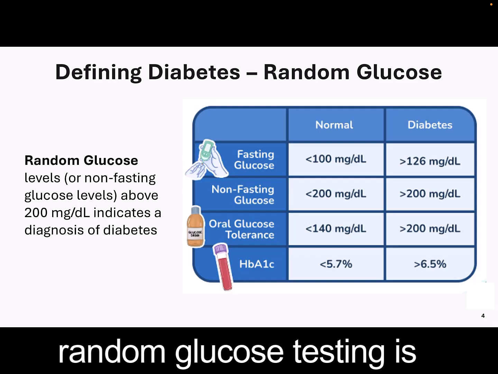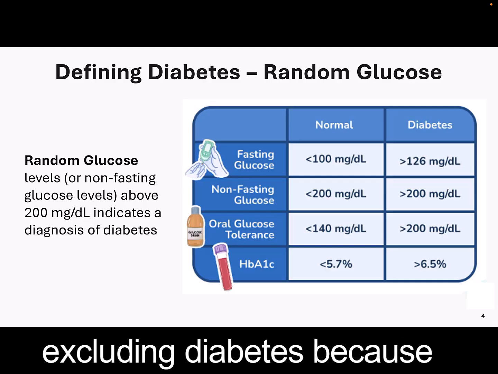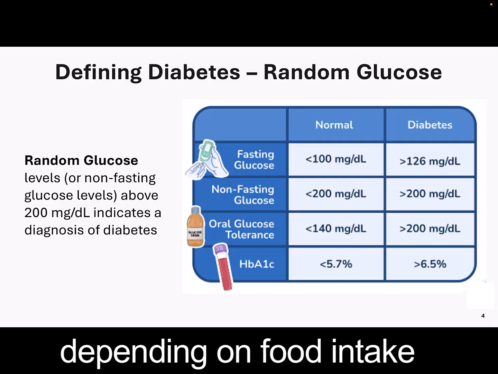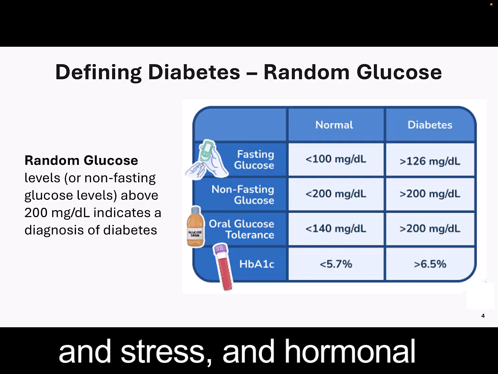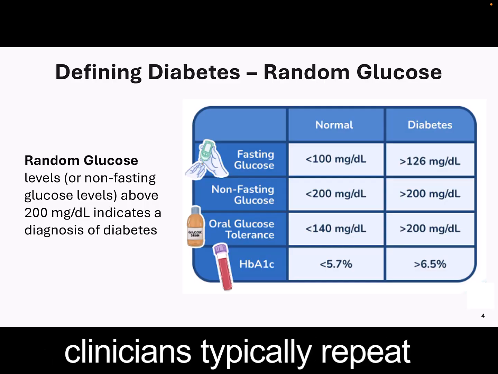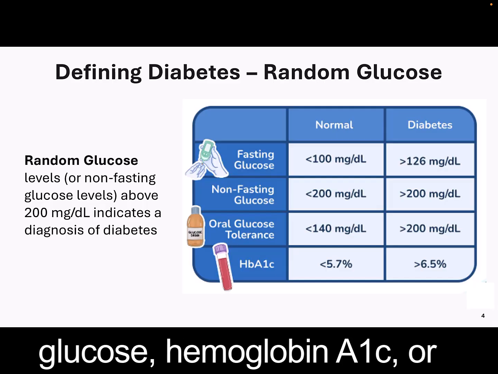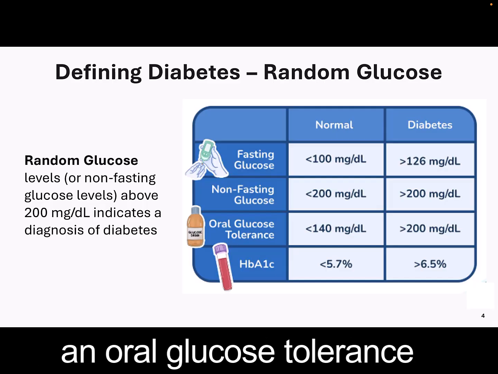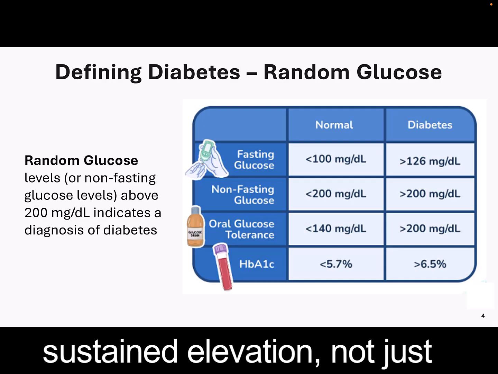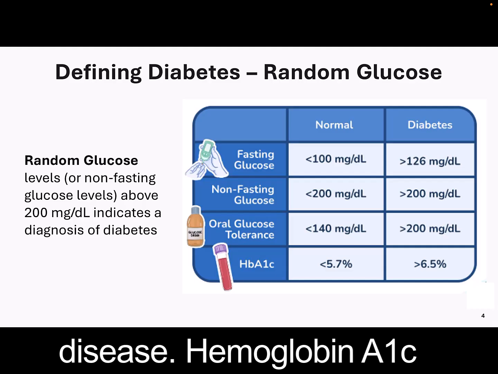However, random glucose testing is not ideal for screening or excluding diabetes because glucose levels fluctuate throughout the day depending on food intake, stress, and hormonal regulation. For confirmation, clinicians typically repeat testing using fasting plasma glucose, hemoglobin A1C, or an oral glucose tolerance test. The key point is that sustained elevation, not just a single spike, defines the disease.